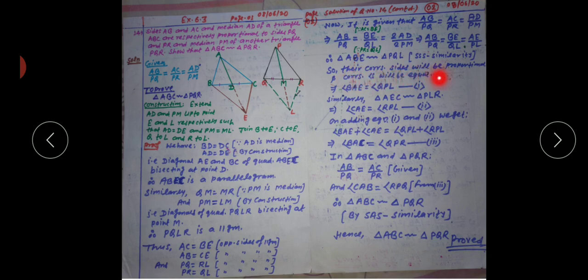If two triangles are similar, then their corresponding angles are equal and their corresponding sides are proportional. We require the angle here, so angle BAE of triangle ABE will be equal to angle QPL of triangle PQL. This is your equation first. Similarly, we can show that triangle AEC will be similar to triangle PLR.